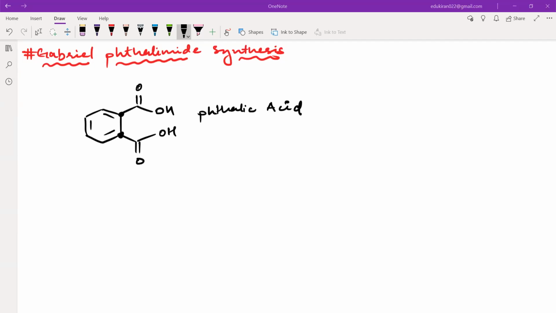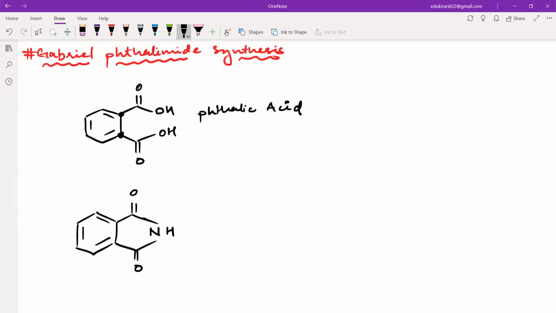Now phthalimide is going to be a derivative of phthalic acid, in which you have C double bond O, C double bond O. This is going to be the same as it is, and rather than two different OH, you will have one NH attached to those two carbonyl carbons.